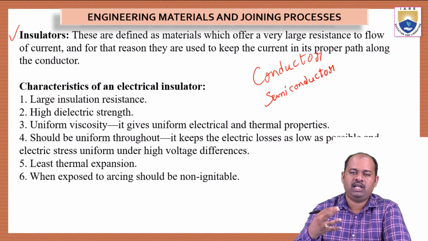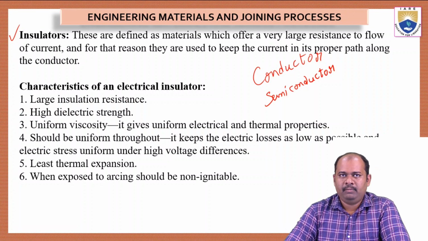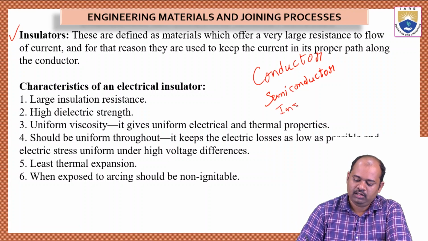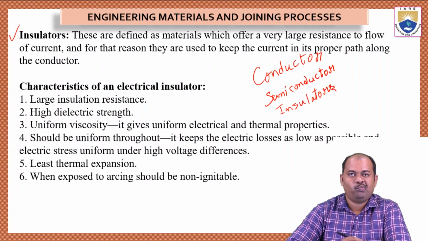After the temperature has risen, they will allow electricity to flow through them. Whereas insulators are completely insulating materials that will not allow any amount of electricity to flow through them.